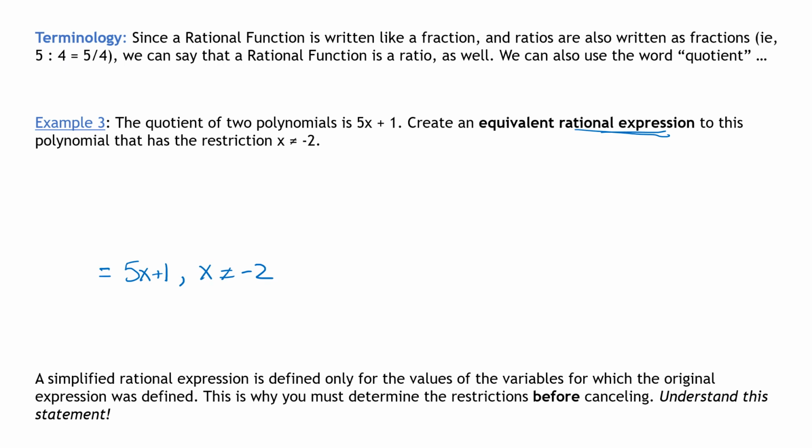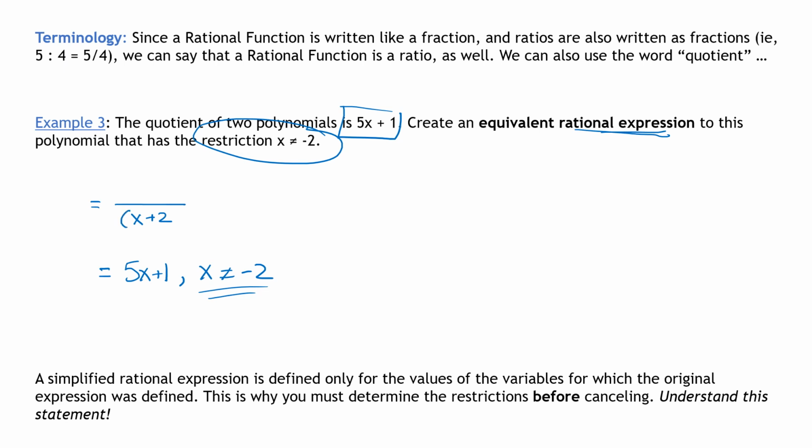Well, first of all, if we have the restriction x cannot equal negative 2, that means that must have been in the denominator originally. So we must have had a denominator of x, what, plus 2 or minus 2? Plus 2. That must have been in the denominator if we have this restriction, but it's no longer there in our answer. This is the answer, and there's no denominator there, so that means it must have canceled out.